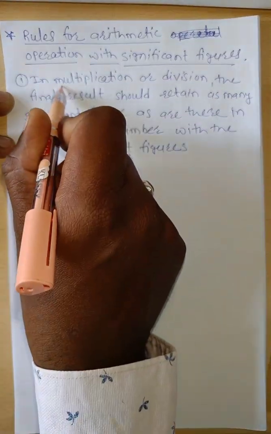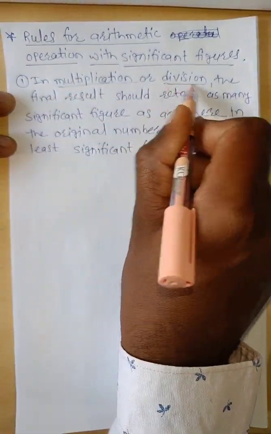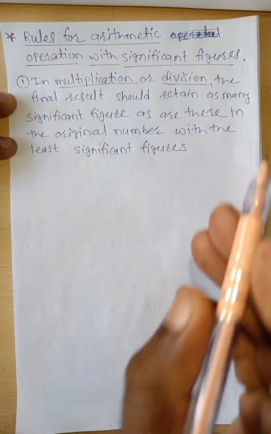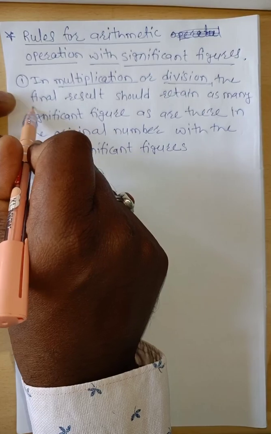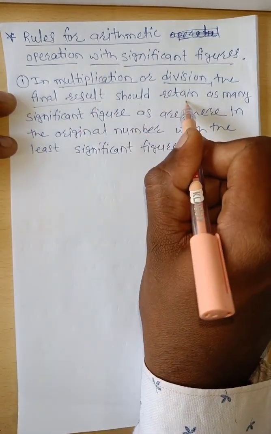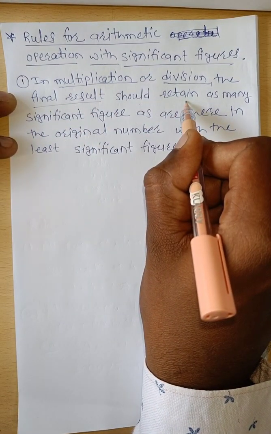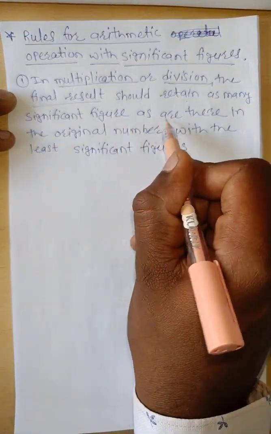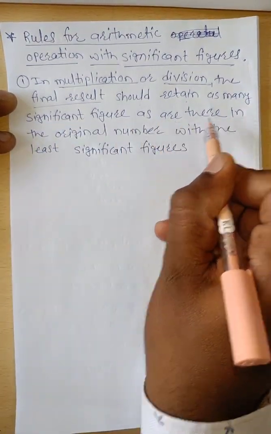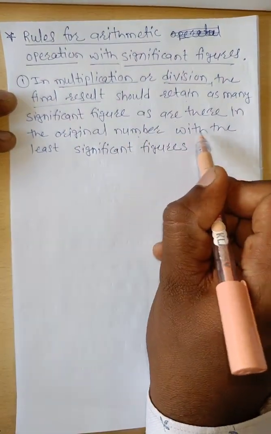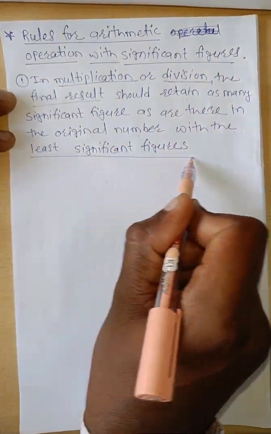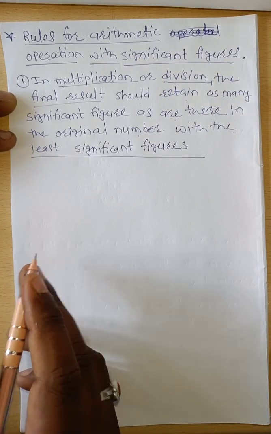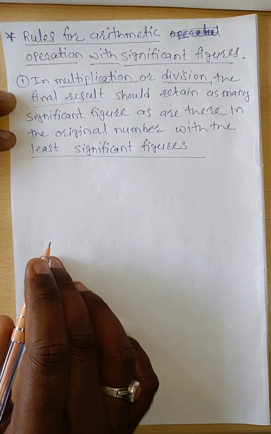Now when we have to perform a multiplication or division, in that case the final result should retain as many significant figures as are there in the original number with the least significant figures. What is the meaning of that?